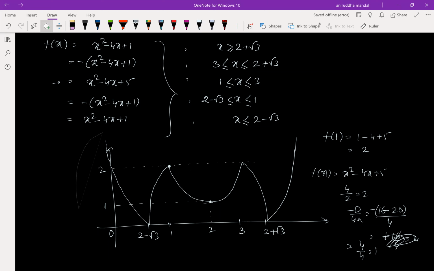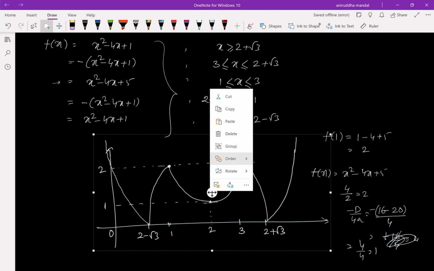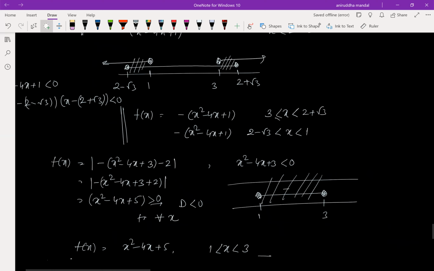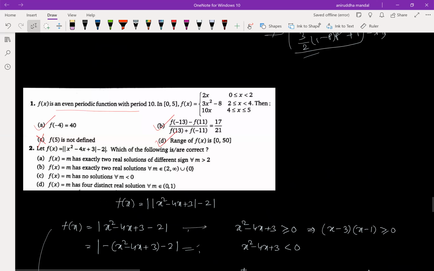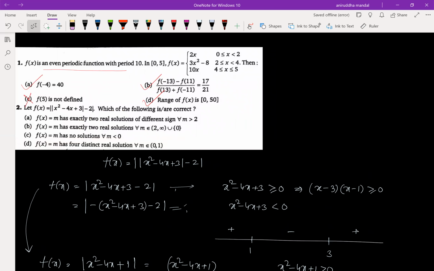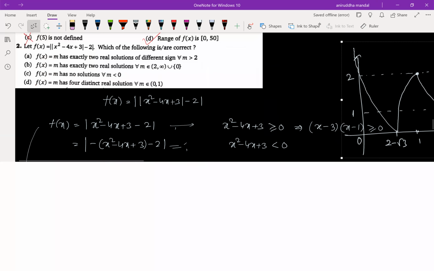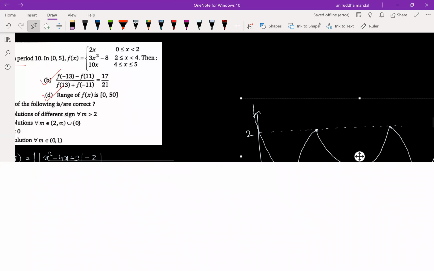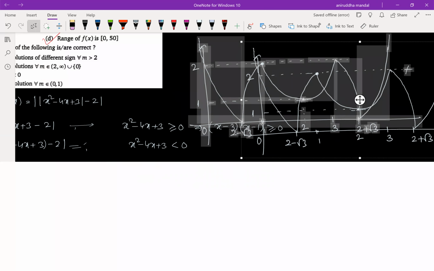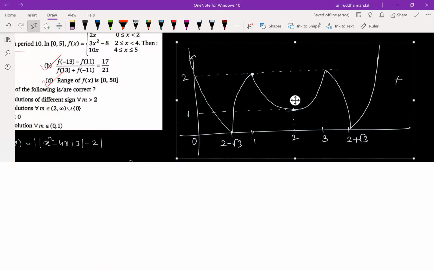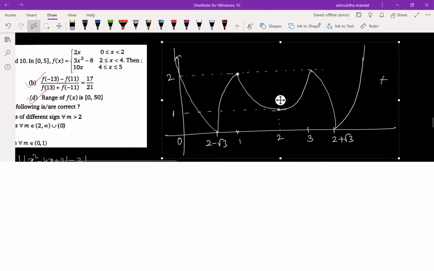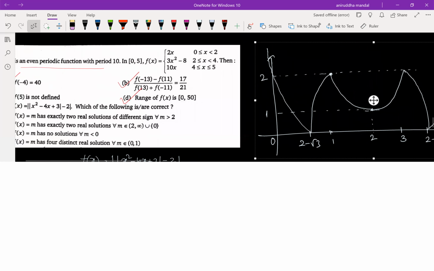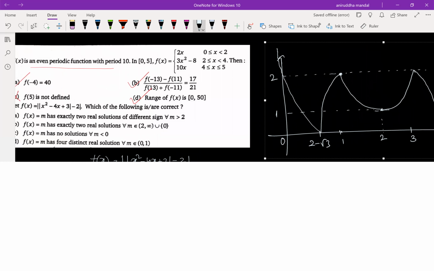Let me copy and paste it from above, and paste it here itself. Okay, we'll check based on this graph.